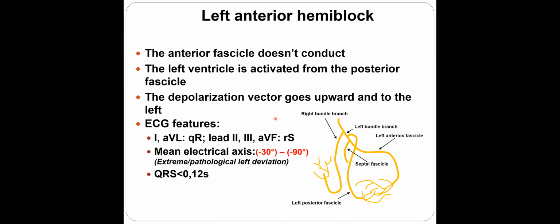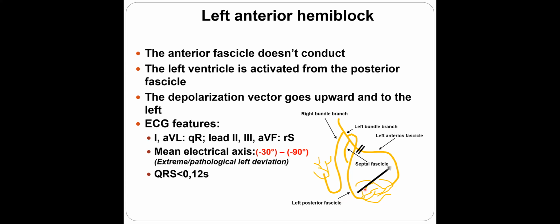Now, anterior and posterior hemiblock. When we do have a hemiblock, if only the anterior fascicle is missing, it means that the duration of the QRS complex is not altered. So the QRS is less than 0.1 second. However, because the anterior part is missing, only the posterior part can serve as an activation.